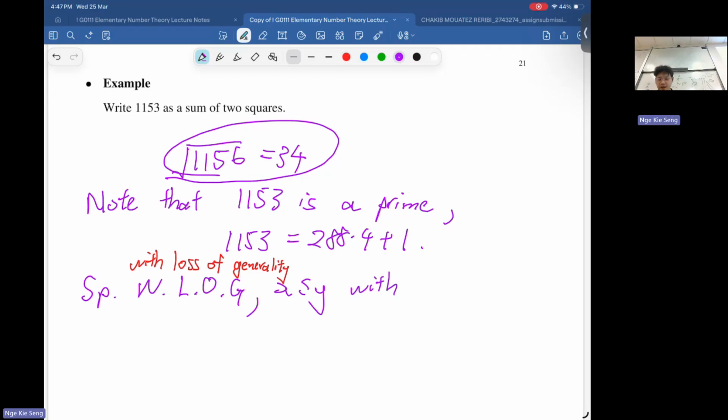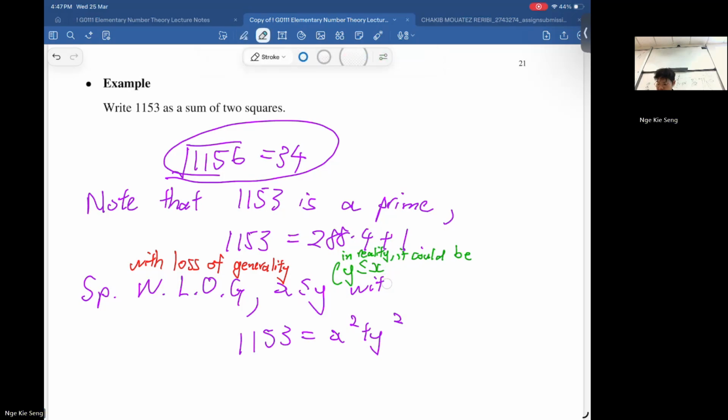Because I assume that x is less than or equal to y, but in reality, maybe y could be less than or equal to x. That doesn't matter because you can rename them. That's why we say without loss of generality. In reality it could be that y is less than or equal to x, but we could just rename them.